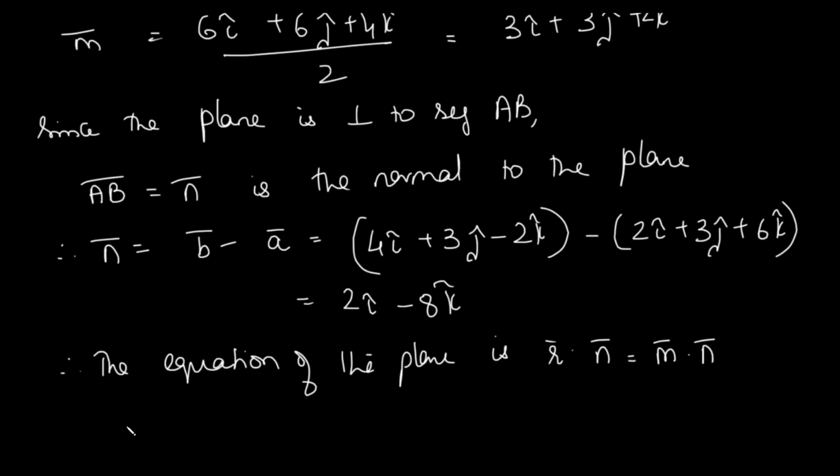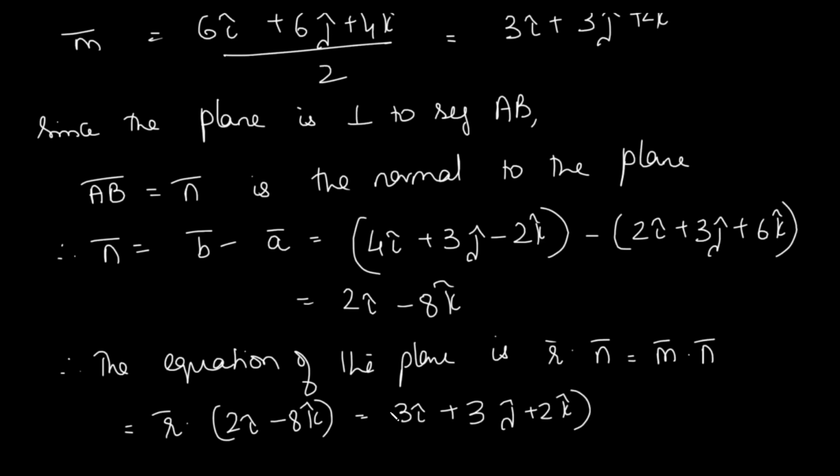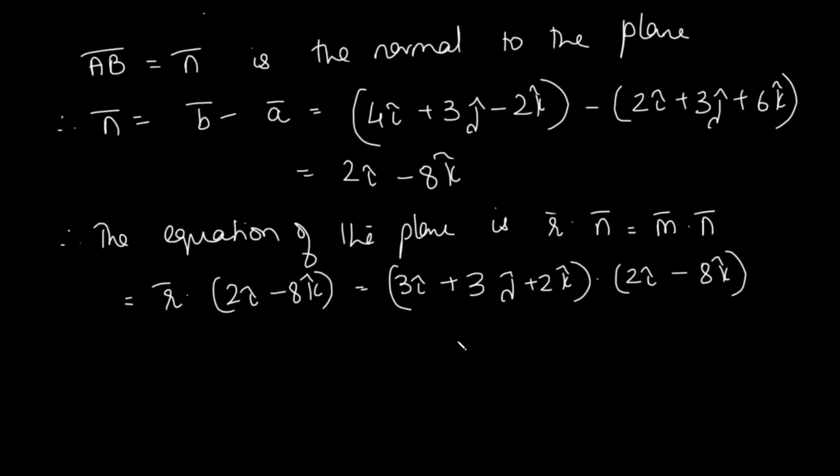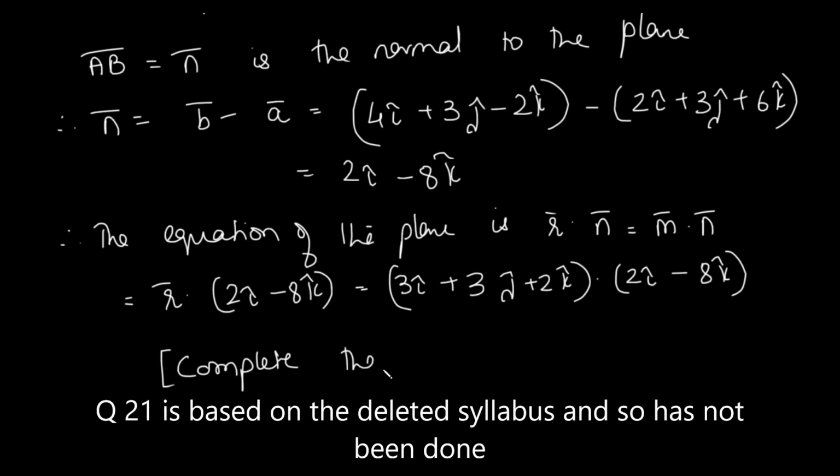So we are going to get r dot (2i minus 8k) is equal to (3i plus 3j plus 2k) dot (2i minus 8k). So thus what you can do is you can just solve the RHS and get the equation in the proper form. So you can just complete the sum as assignment and get the complete equation of the plane. Just one step remains actually.